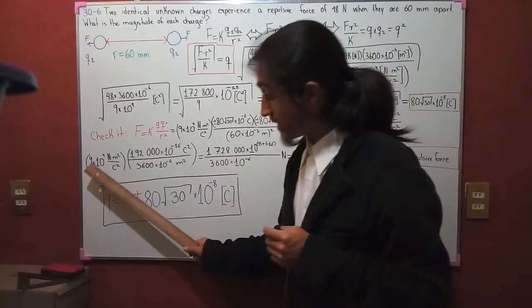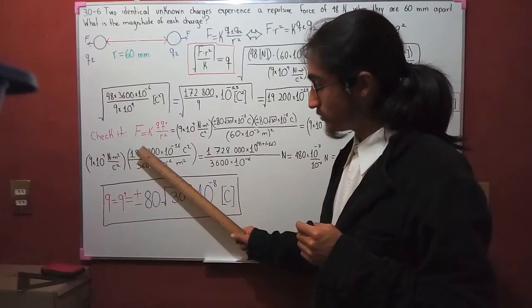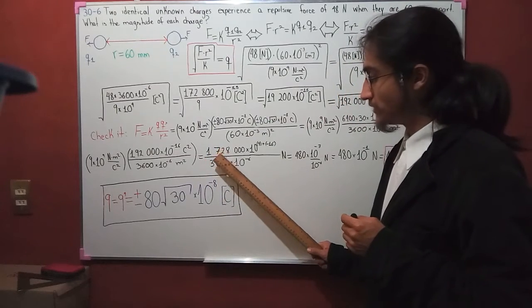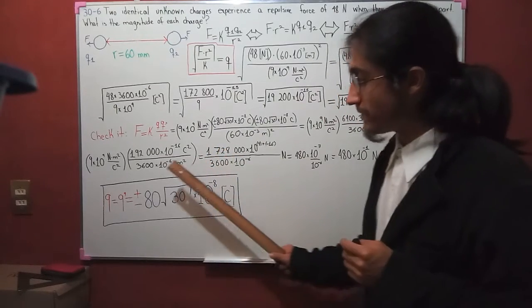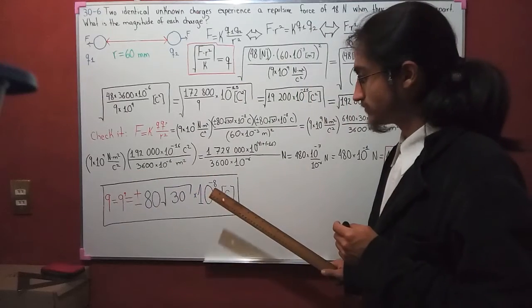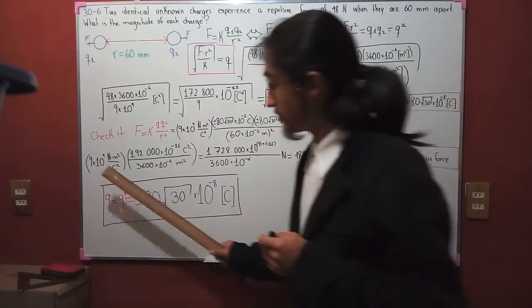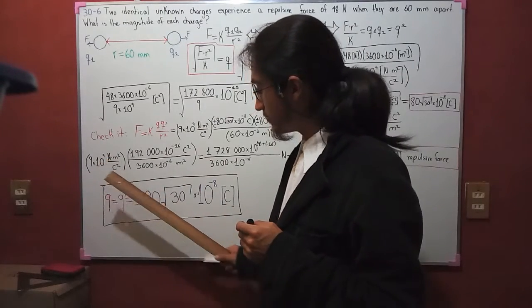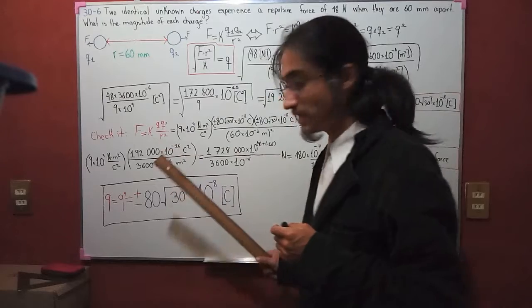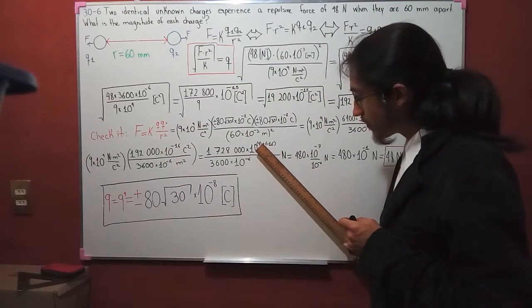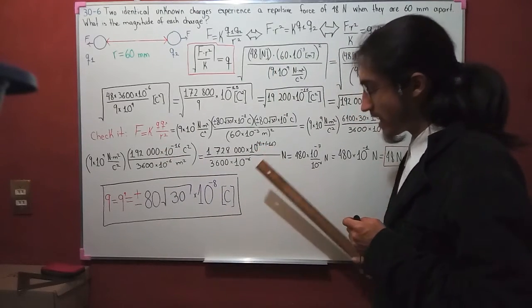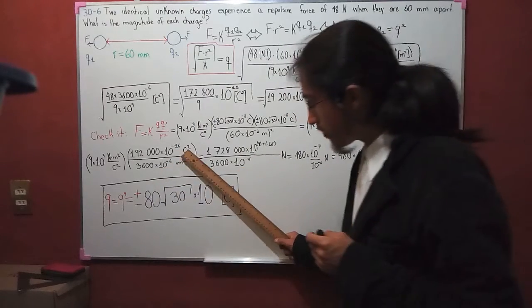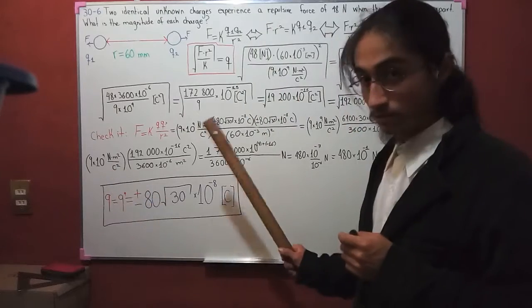Now, multiplying 9 by 192,000 is equal to 1,728,000 divided by 3,600. Now, the product of the exponents is the next. 10 raised to the power of 9 multiplying 10 raised to the power of negative 16 is 10 raised to the power of 9 plus negative 16, and this divided by 10 raised to the power of negative 6. Coulomb squared divided by Coulomb squared equals 1.